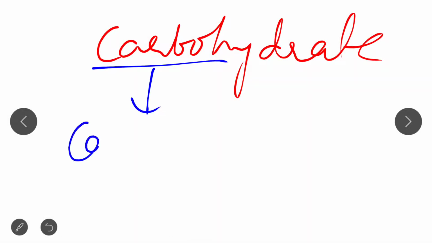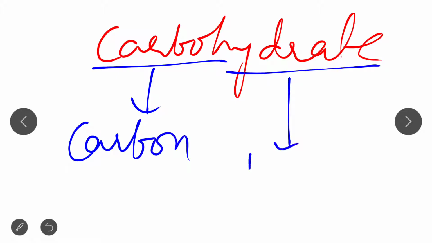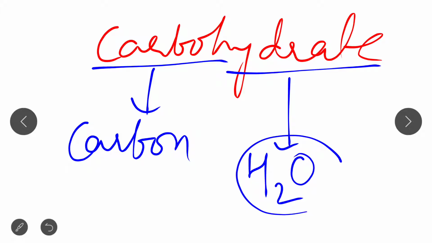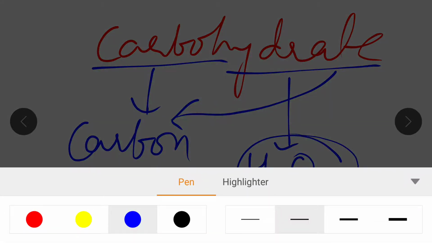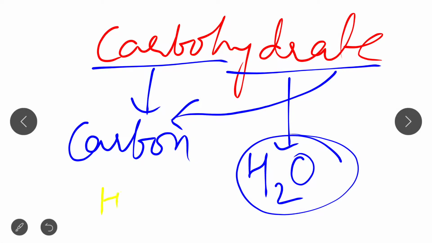Carbo means carbon, as you all know, and hydrate means water, H2O. So it is known as hydrates of carbon because hydrogen and oxygen are present in the same ratio as in water. That's why carbohydrates are known as hydrates of carbon.